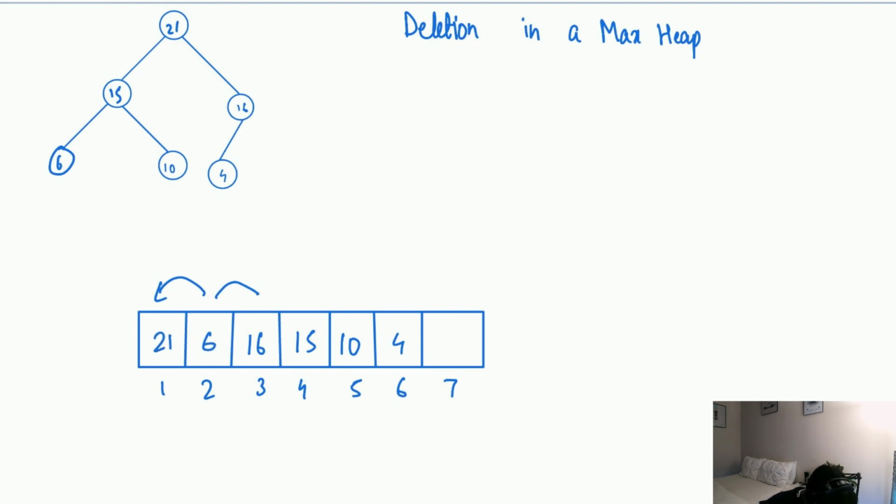And then 6 is again compared with its children nodes, which are 15 and 10, and the value which is higher takes up 6's place. If the value that was inserted was higher, then the element wouldn't be moved. So if we were to imagine that the element over here was 30, which it wouldn't be since it's a max heap structure.